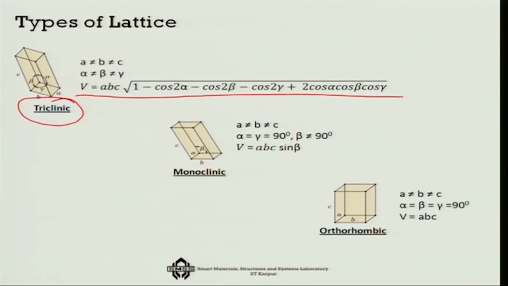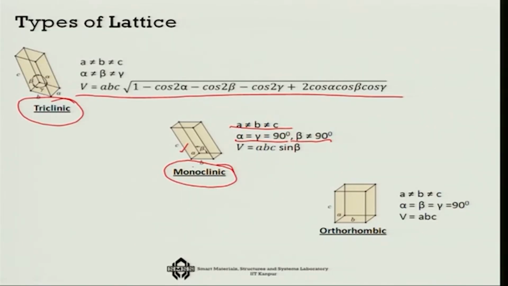From there, if you bring in a little more symmetry, you can get a situation where A, B, C are not equal to each other, that is fine, but at least alpha and gamma are 90 degrees, and beta is not 90 degrees. Then you get a structure known as a monoclinic structure.